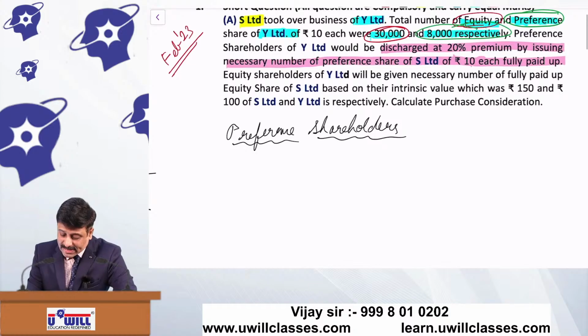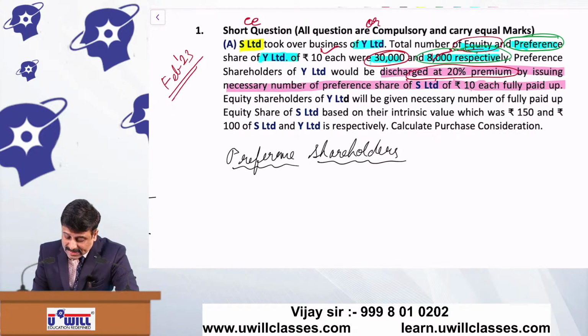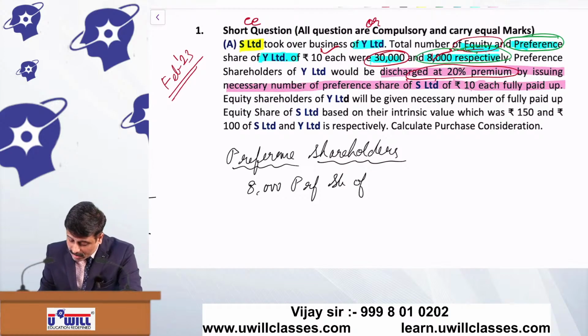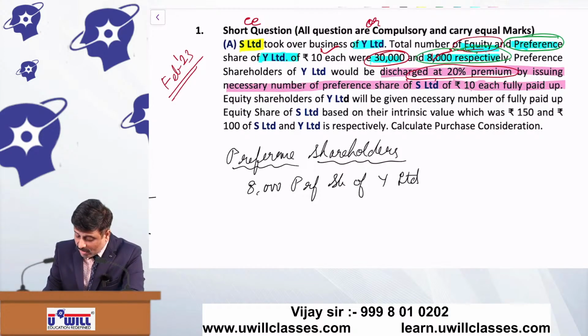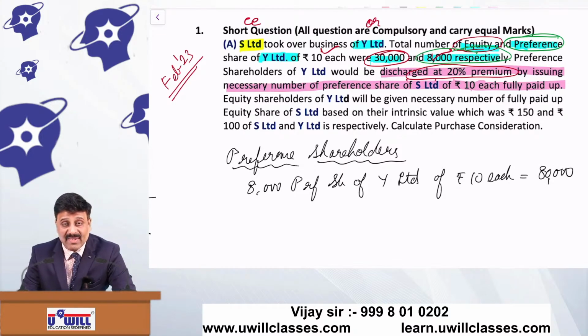They say they'll be discharged at a premium of 20%. Existing, there are 8,000 preference shares of Y Limited of rupees 10 each. Means the value of preference shares is 8,000 into 10, 80,000.